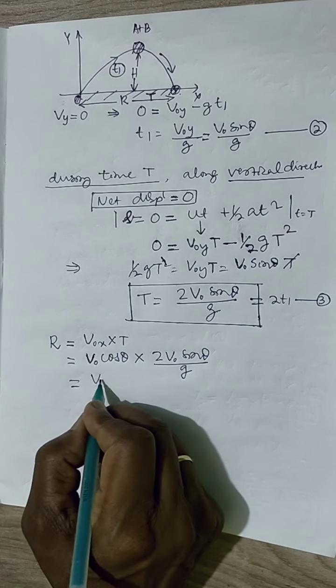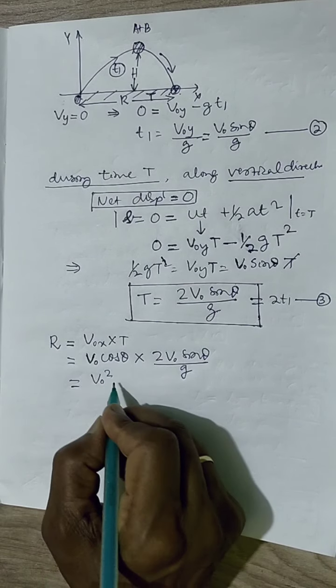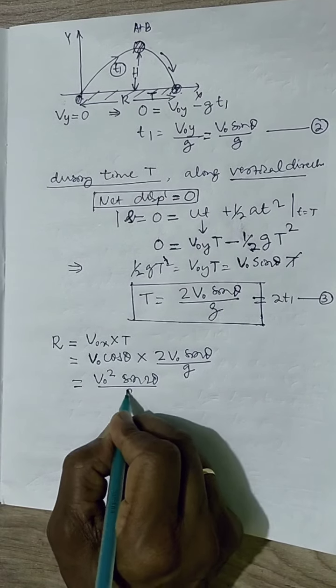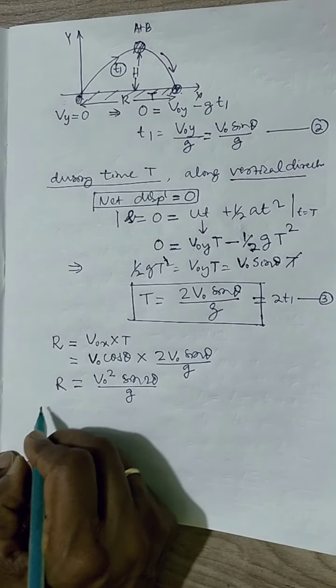Rearranging this, we find the range is v0 square sin 2 theta by g.